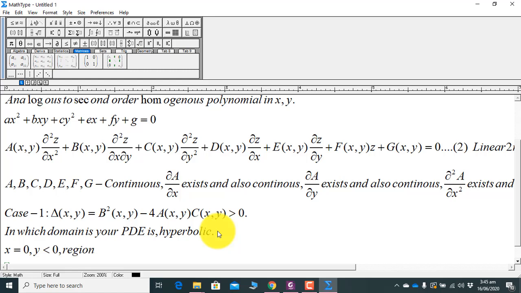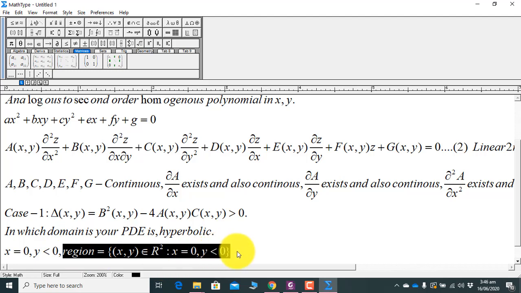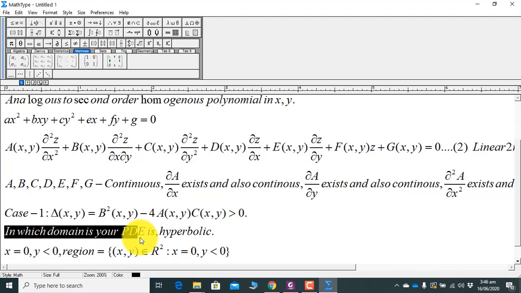So you have to mention the region. What is the region? You will simply write in set builder notation: x, y which belongs to R square, such that x is 0 and y is negative. So in that region your partial differential equation will be hyperbolic. This is an example, and I am not saying that this is going to happen always.